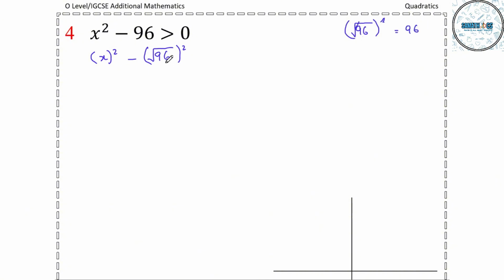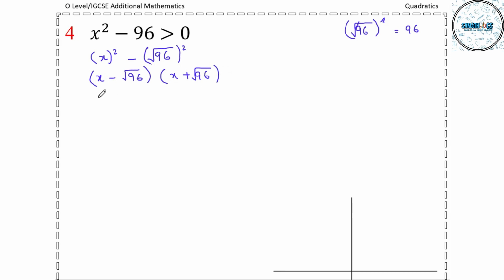So we can factorize it as x minus under root 96 and x plus under root 96. Why have we done this? Because we cannot take the square root in case of inequality.